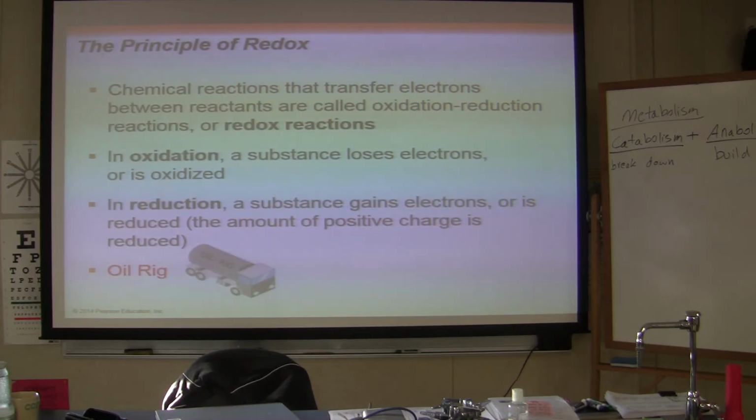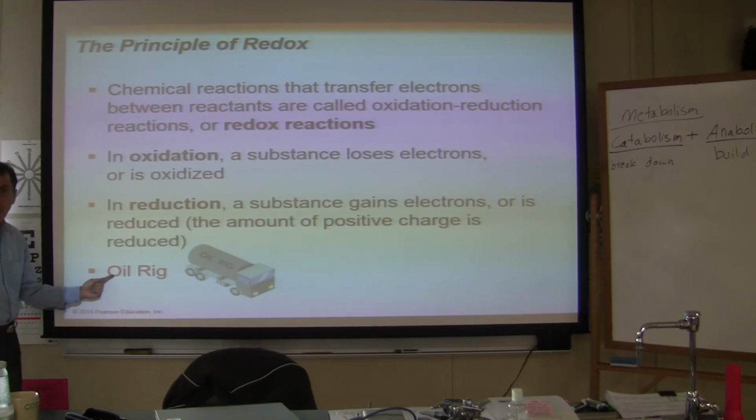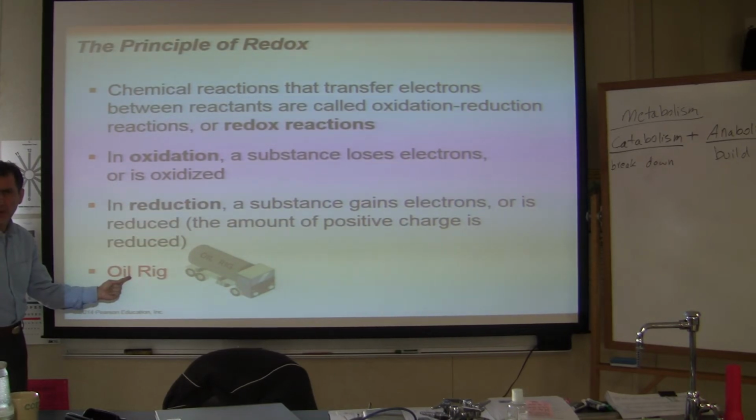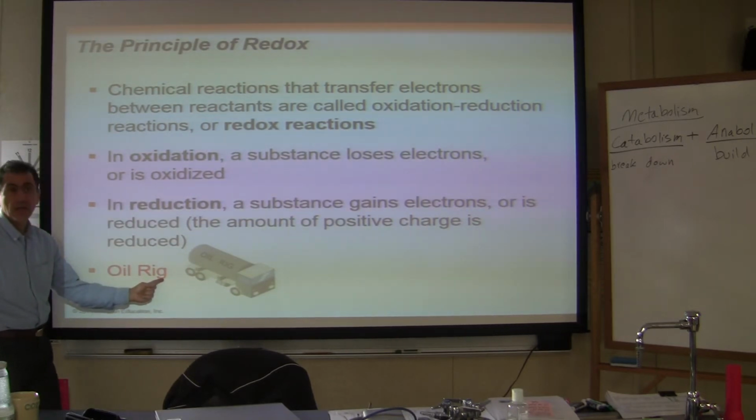Again, back to the principle of redox: chemical reactions that transfer electrons between reactants are called oxidation-reduction reactions, or redox reactions. In oxidation, a substance loses electrons. So that's what OIL means. And then RIG, reduction, it means gain.